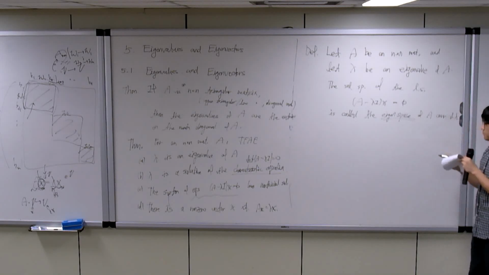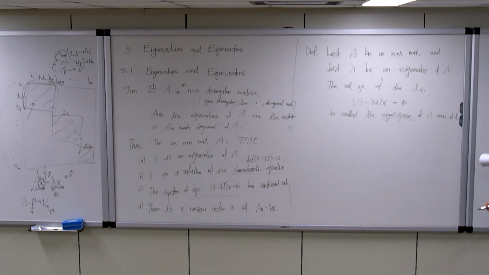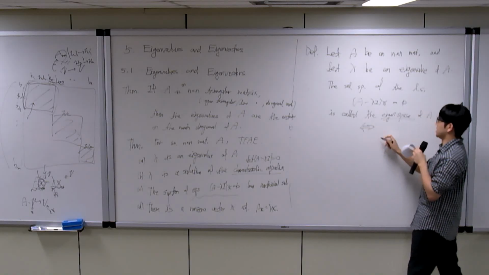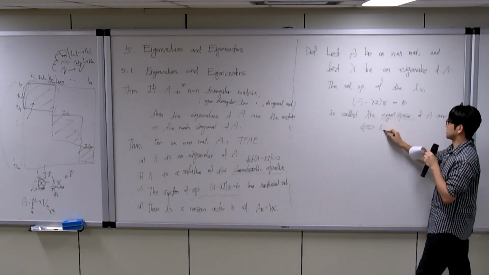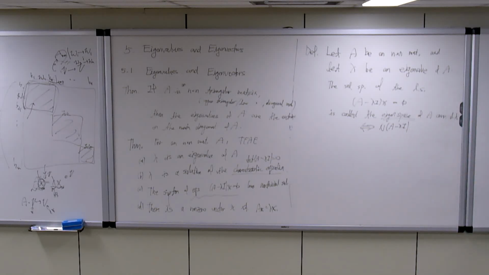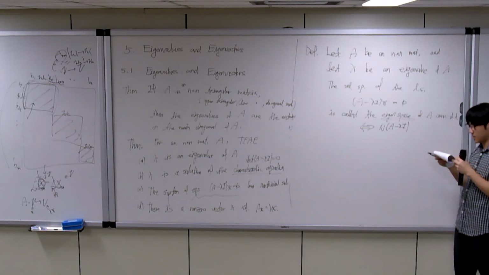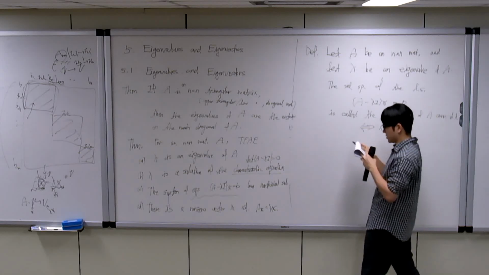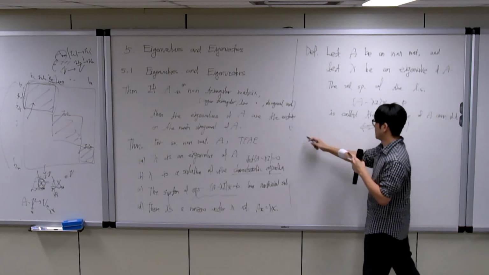So it means the null space of A minus lambda I is the eigenspace corresponding to lambda of A. So let's see an example.